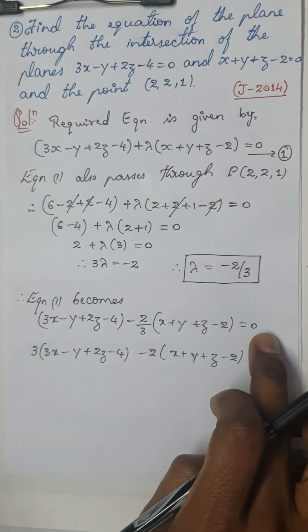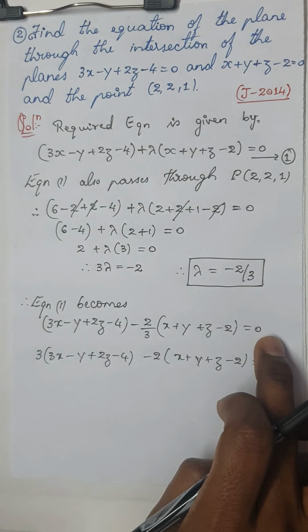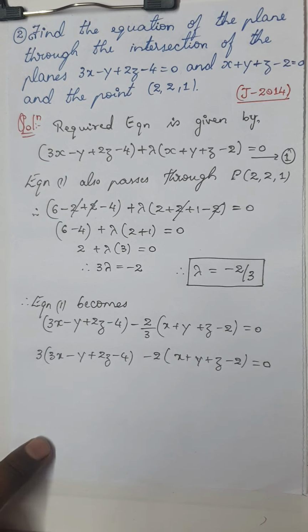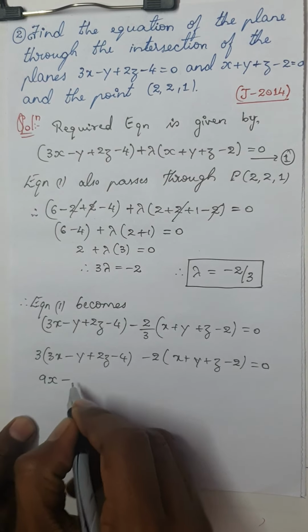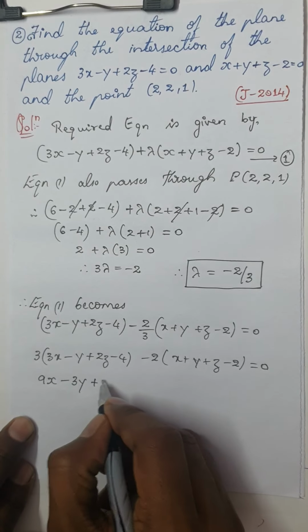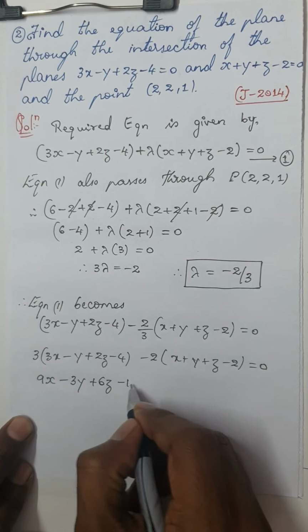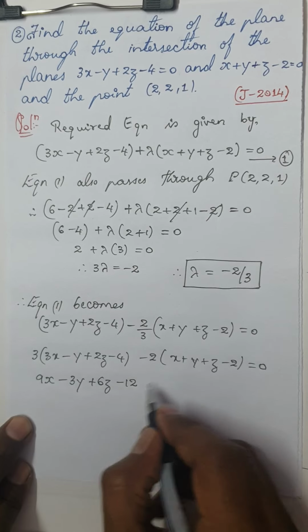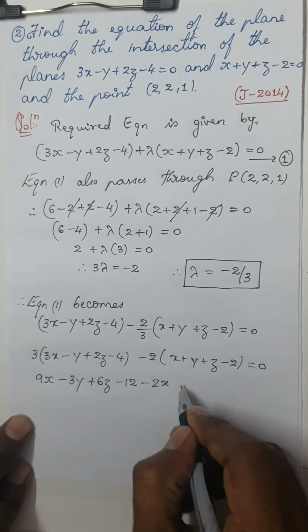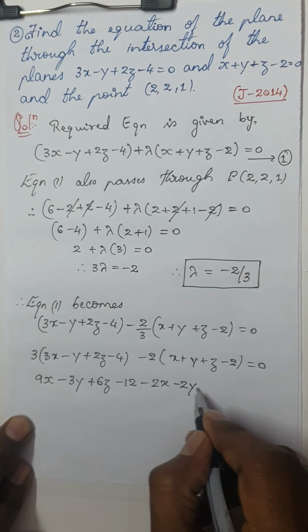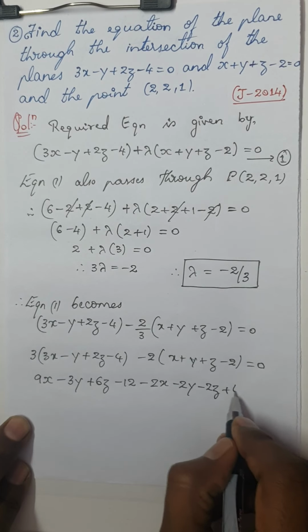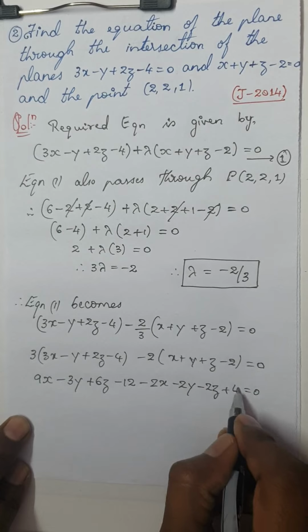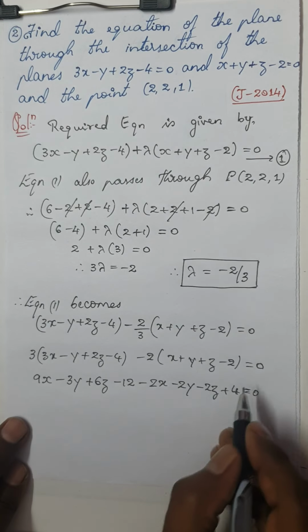Is it clear? But if this question is asked for 3 marks, you have to solve it and get me the answer. Okay, so this is 3 3s are 9x minus 3y plus 3 2s are 6z minus 3 4s are 12. Okay, solve it. Minus 2 into x is minus 2x, minus 2 into y is minus 2y, minus 2 into z is minus 2z, minus into minus is plus, 2 2s are 4, that is equal to 0.